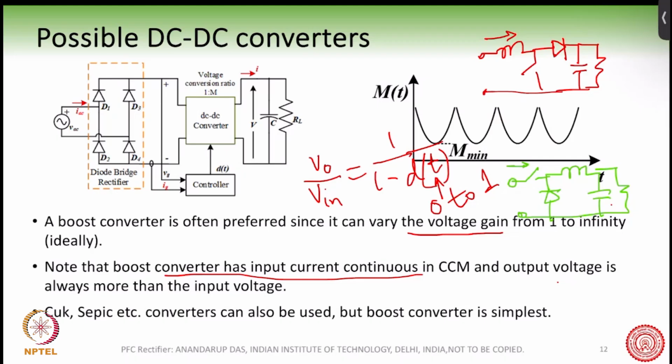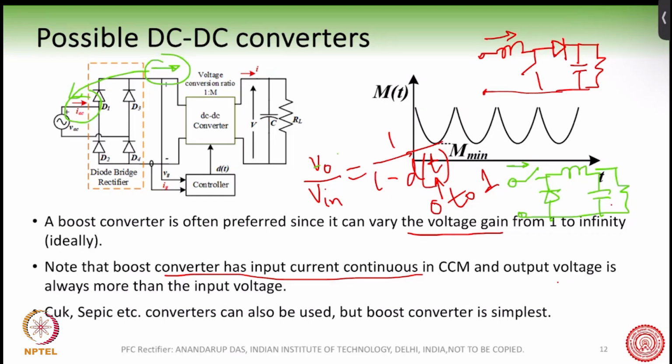Now imagine this discontinuous current coming on the input. It will get reflected on the source current, on the AC side current. So it will create a problem for us.